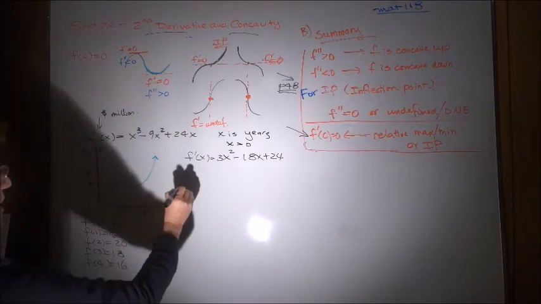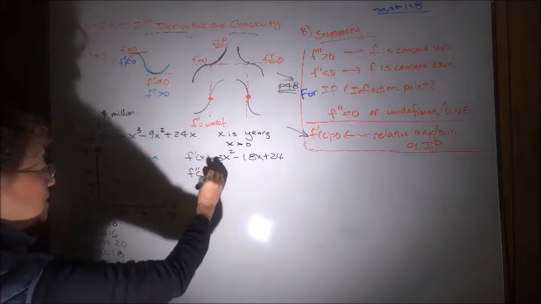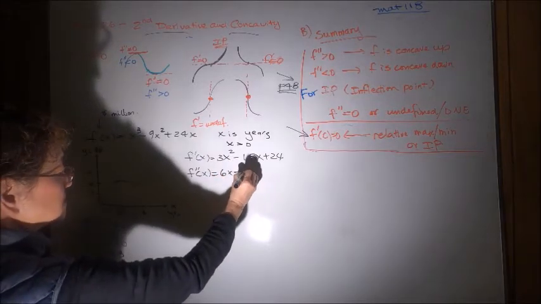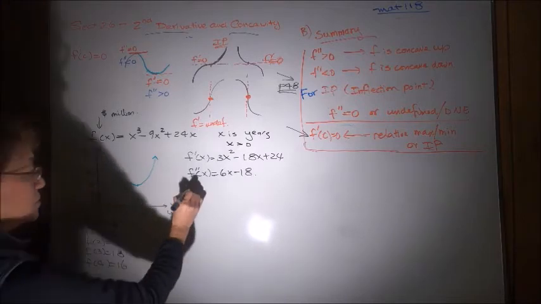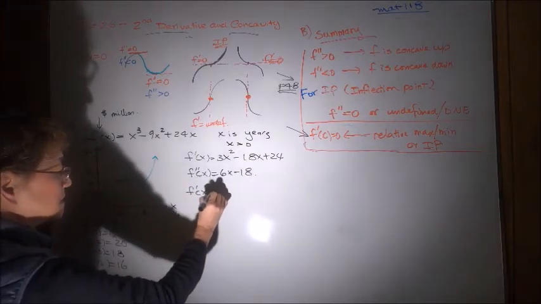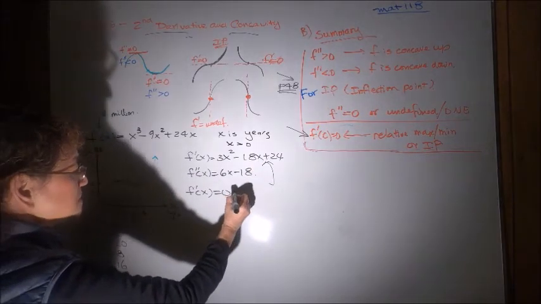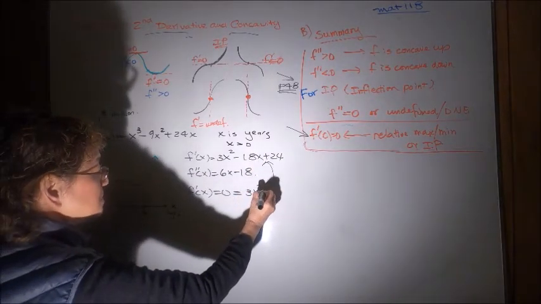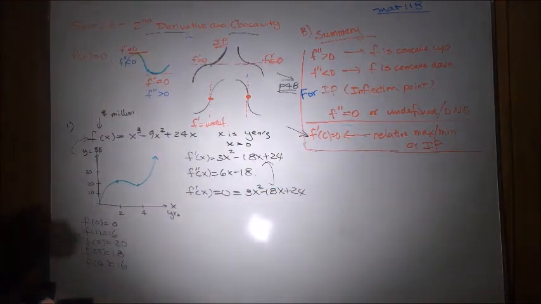Then f double prime will be 6x minus 18, right? Then we set f prime to 0 and see what happens. If my f prime of x is 0, it means 3x squared minus 18x plus 24 is 0. Then we solve for x.